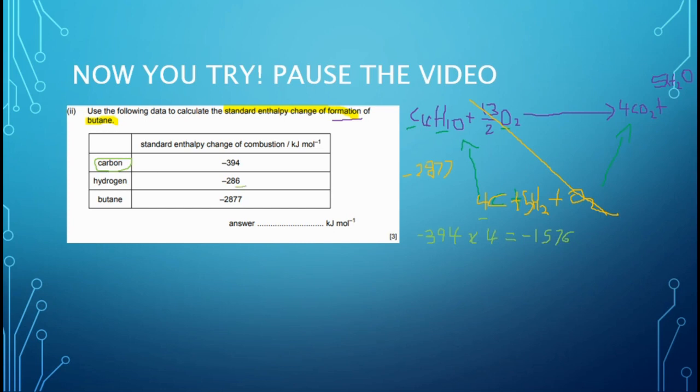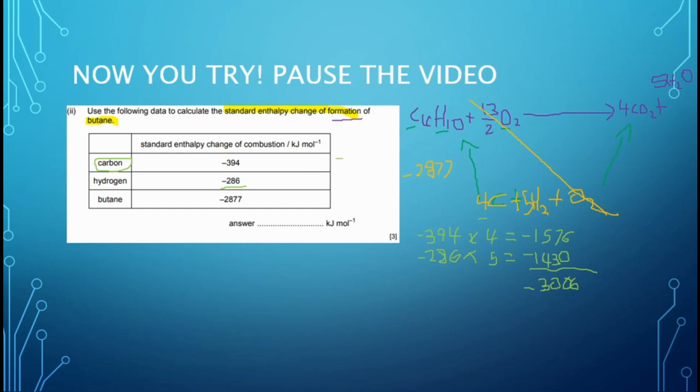Hydrogen, which is minus 286, times 5, which equals minus 1430. So now you know the next bit is that we total them up, which is minus 3006.